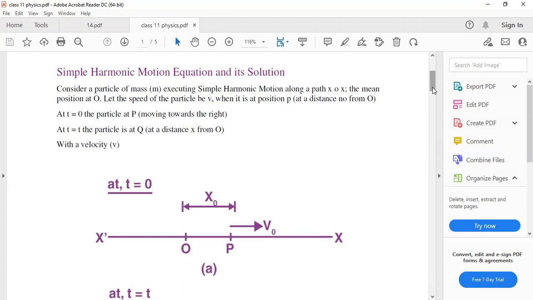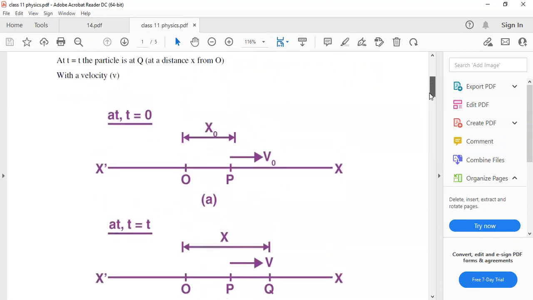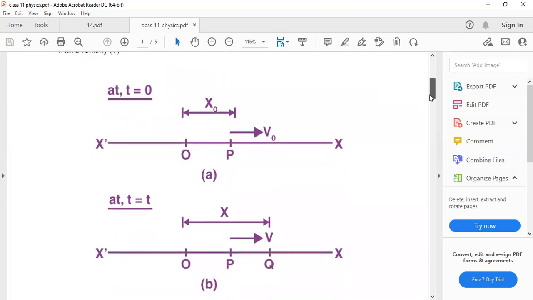then at t equal to 0, the particle at P is moving towards the right. And at t equal to t, the particle is at Q at a distance x from O. See this in the diagram.